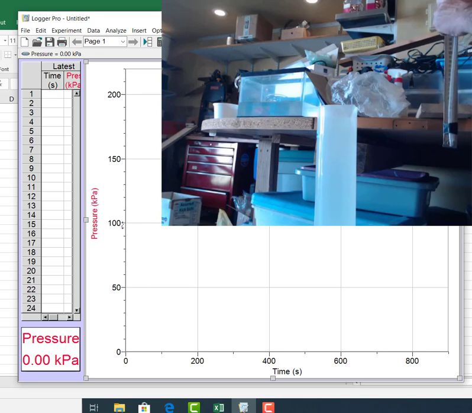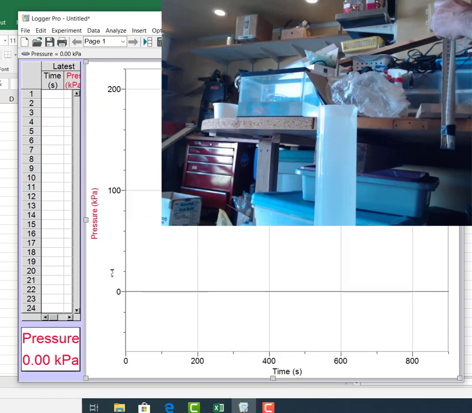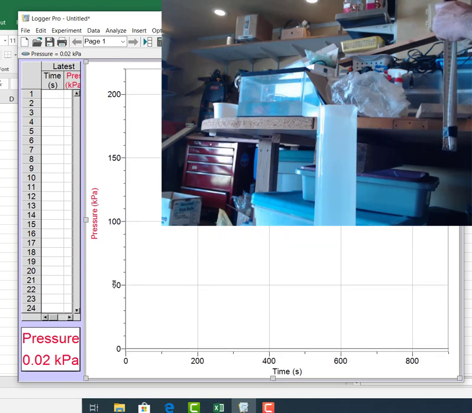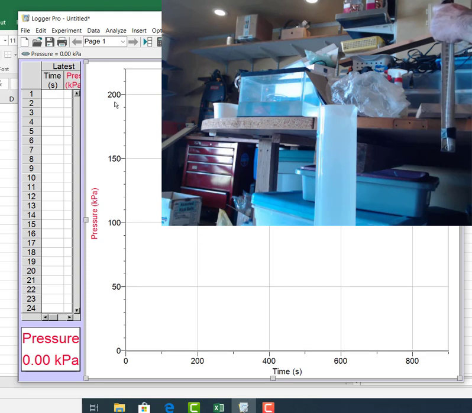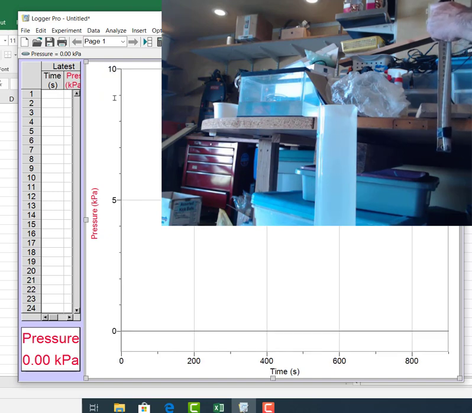I know I'm not going to get to a whole atmosphere, and an atmosphere is about 101 kilopascals. So I'm going to stretch this up a ways. Rather than the maximum being 200, which is like 2 atmospheres, I'll make it, let's say, 1/10 of an atmosphere.